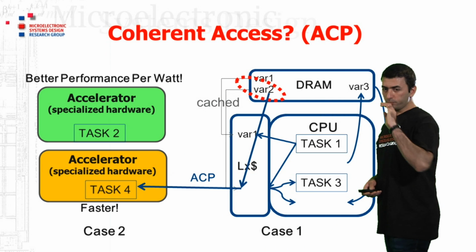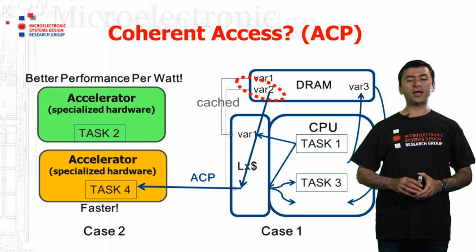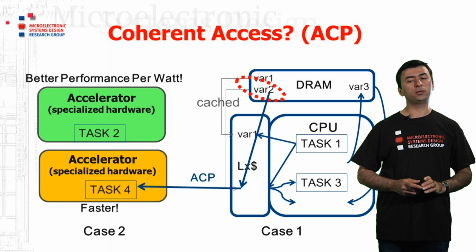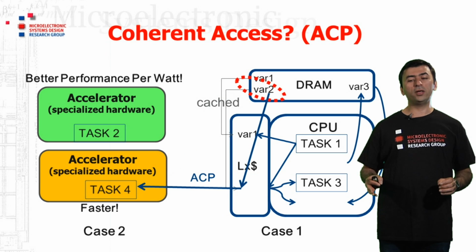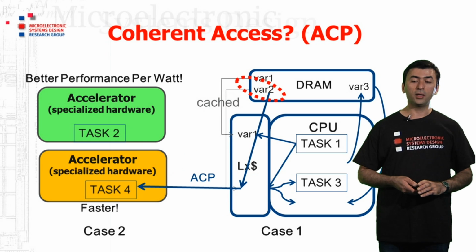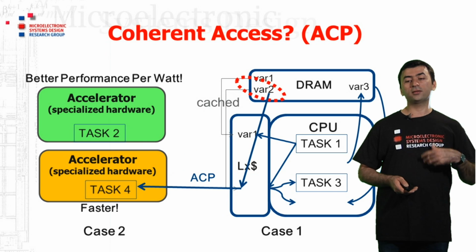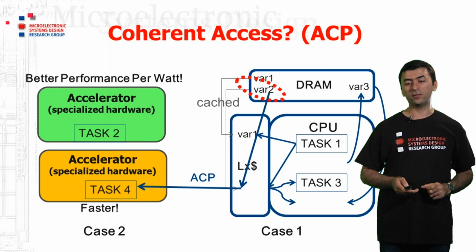So when the accelerator is performing all of the transactions through the accelerator coherency port, it is sure that it is always reading the latest version of the variable, considering the cached variables and those which have been changed by the CPU.